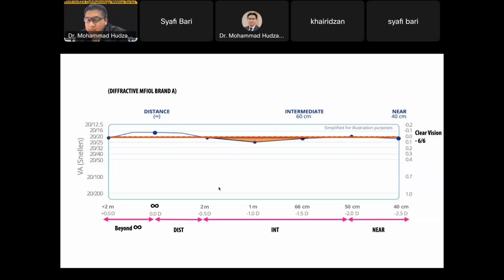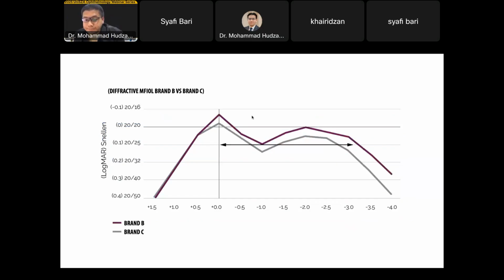So we understand that for this diffractive multifocal IOL brand, the patient will complain of a bit of blurry vision at around 1 meter intermediate vision. But when the patient reads at near, the patient will have perfect vision, even at distance, but a bit low at intermediate. That's how we understand the defocus that the brand gives us.